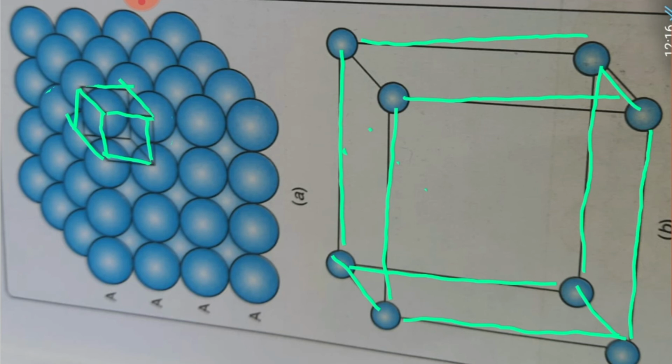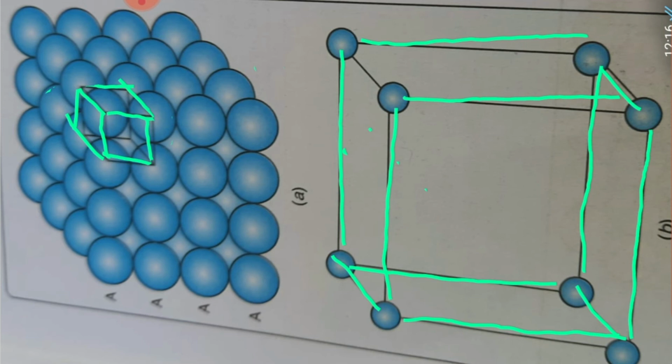In the heading we have written square close packing in 2D. As you know very well, in square close packing there are only two axes, one is the x axis and one is the y axis.